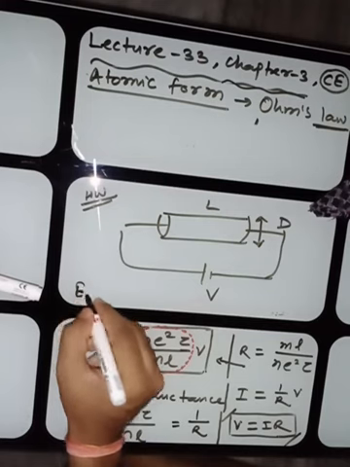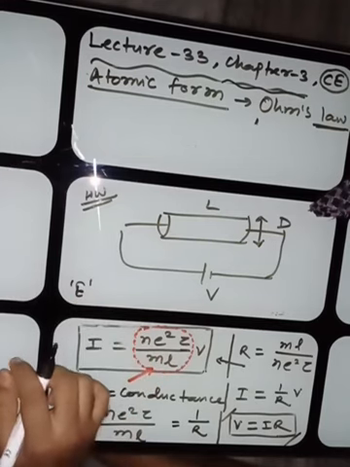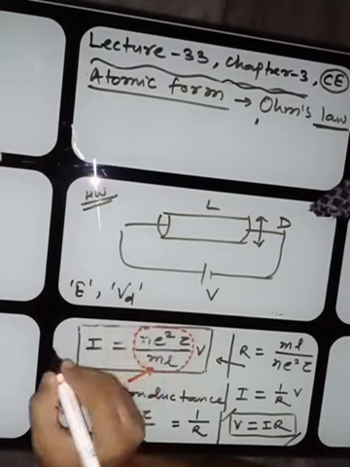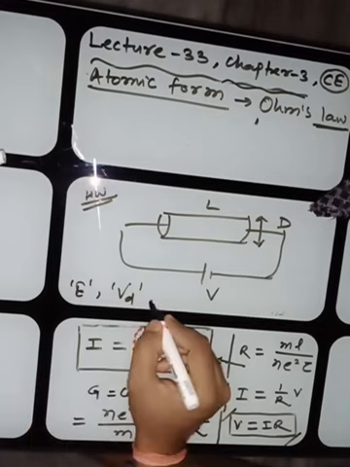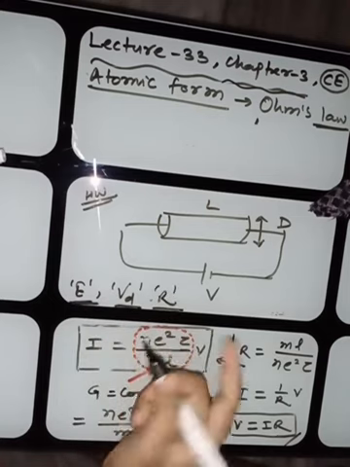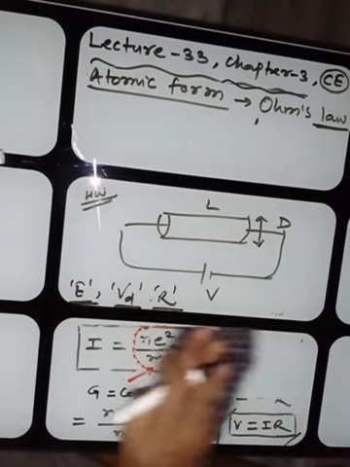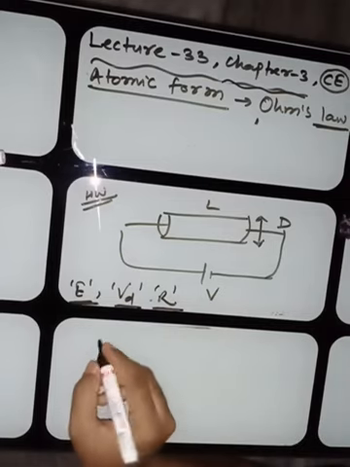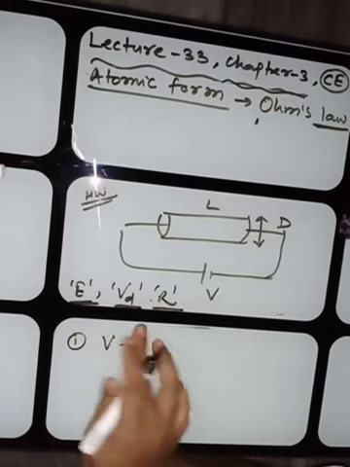Listen carefully to the question. How are the electric field, the drift speed (the drift velocity), and the resistance affected when the following conditions apply? First, V, the potential, is doubled.